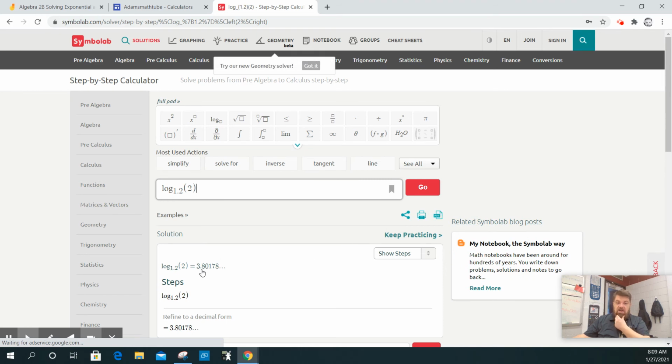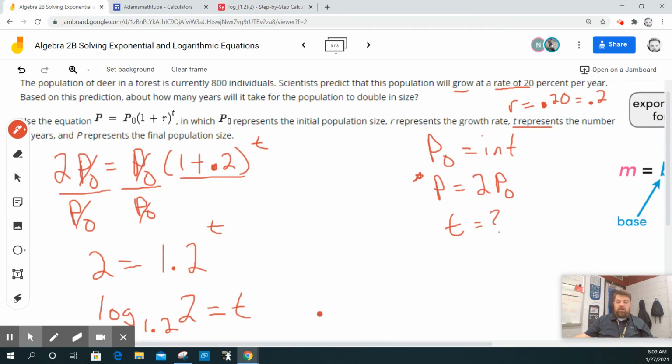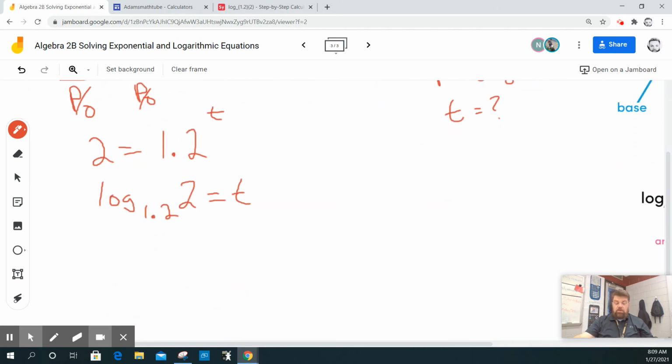And it's approximately 3.8. So t is approximately 3.8. That just means that it would take 3.8 years.